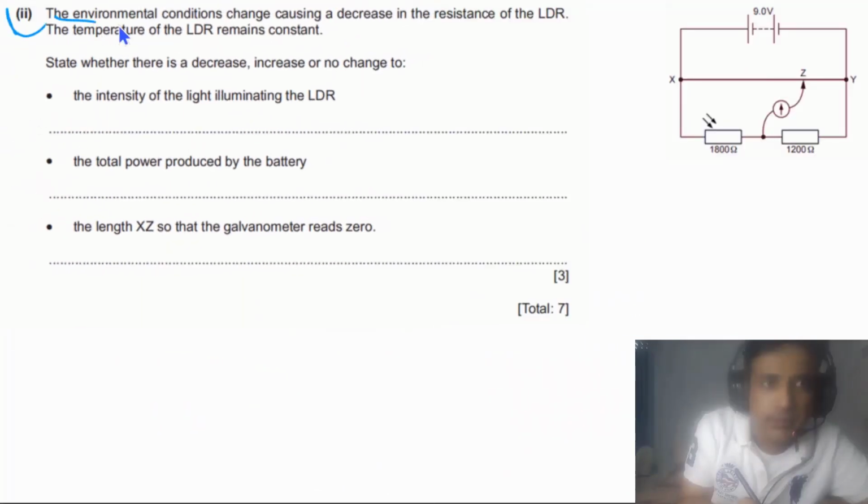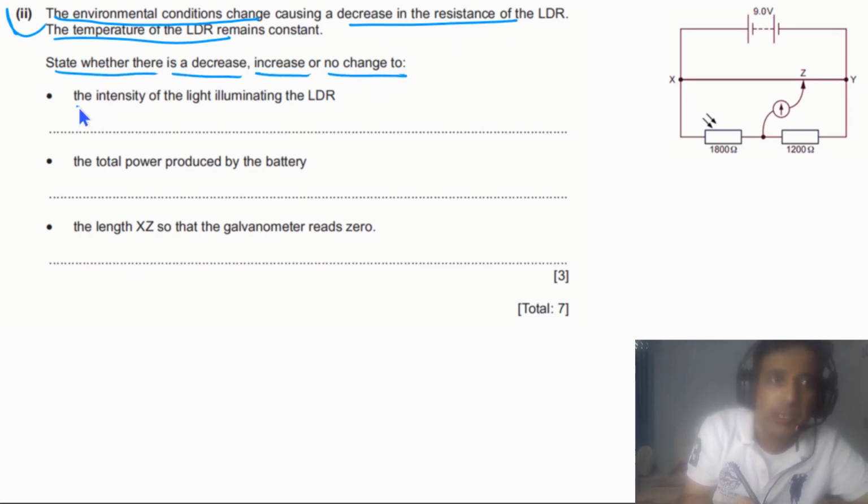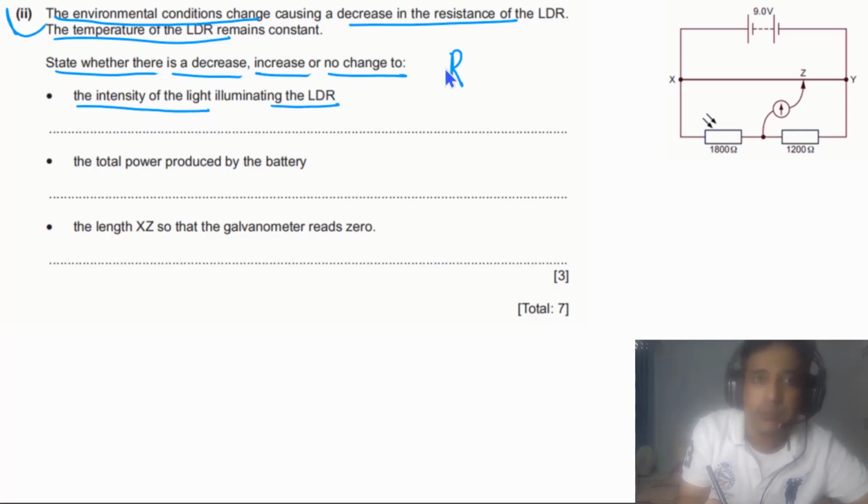The second part says the environmental conditions change causing a decrease in the resistance of the LDR. The temperature of the LDR remains constant. State whether there is a decrease, increase or no change to the intensity of the light illuminating the LDR. So it is given to us that resistance of the LDR decreases. If resistance of the LDR decreases, it means the intensity of the light should increase.